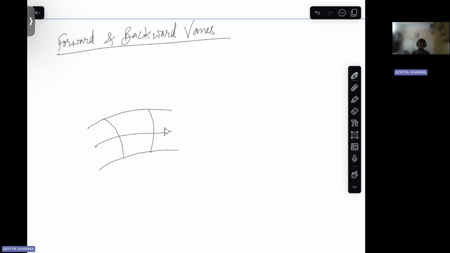This is the movement of your impeller. Then at inlet, you have this velocity diagram.